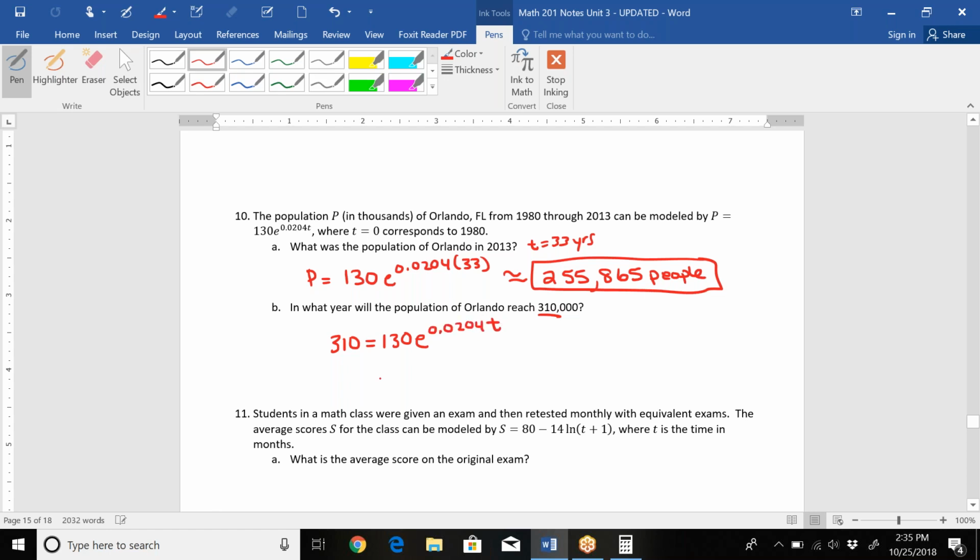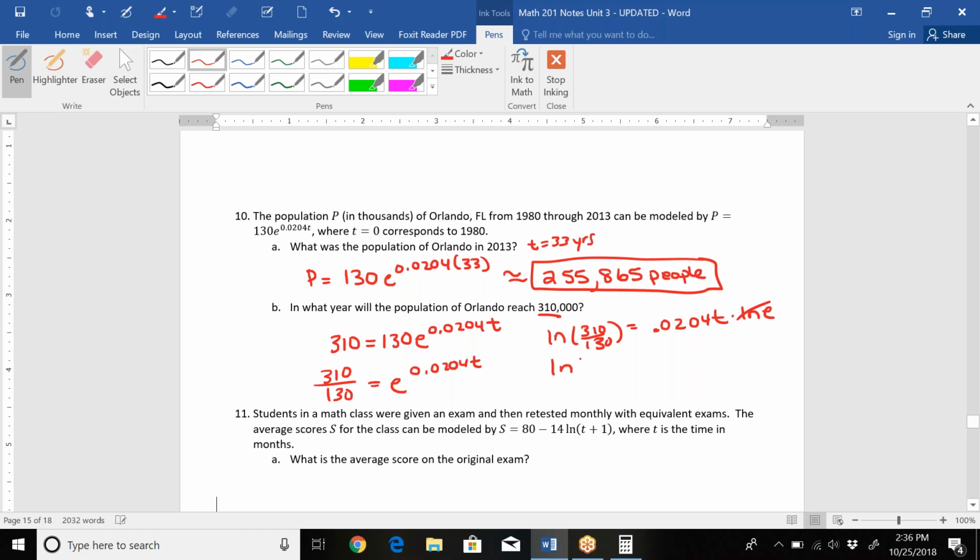So that's 310 equals 130e to the 0.0204t. We'll divide by 130 to get the e by itself. We're going to take the natural log of both sides and pull that power of t to the front with the decimal with it. So that's 0.0204t times natural log of e. So that's going to cancel out.